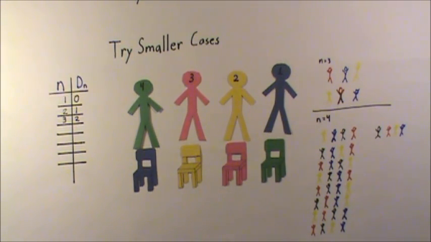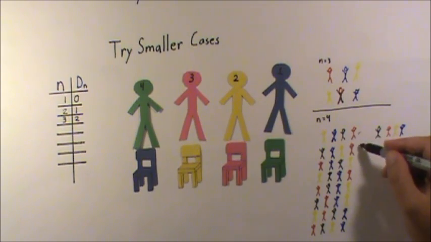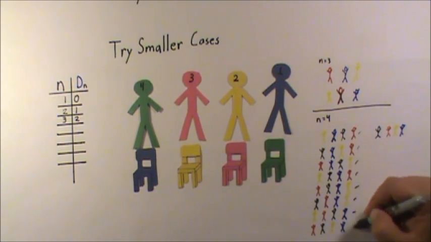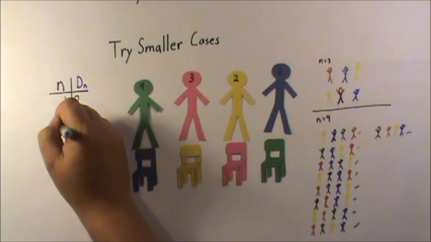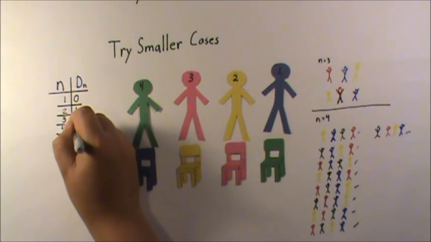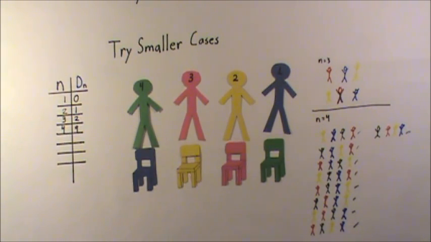Phew, I think that's all of them. Let's count them up. 1, 2, 3, 4, 5, 6, 7, 8, 9. Looks to me like you can make 9 derangements of 4 objects. Now that took me a while.